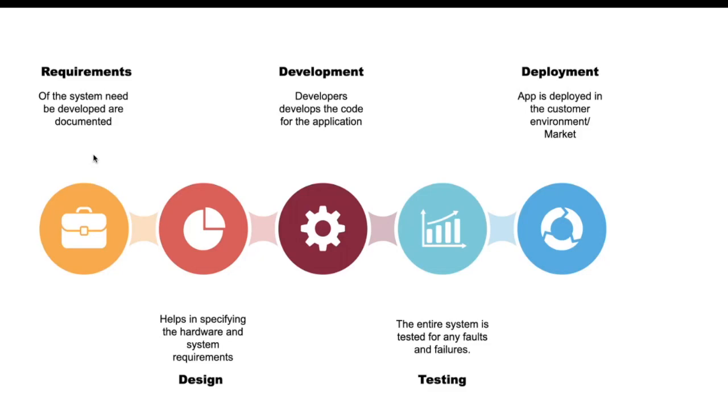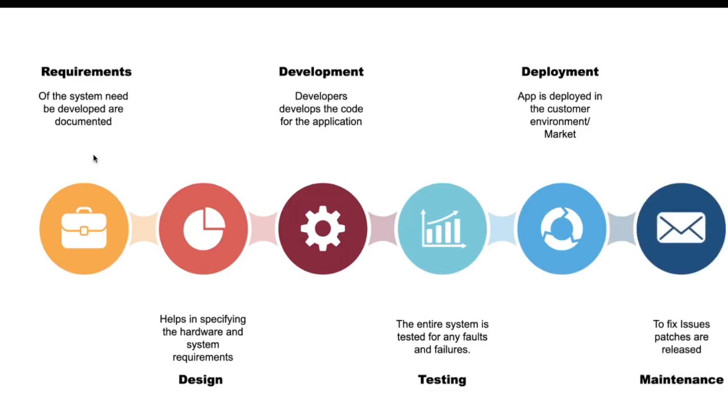The final stage is maintenance, where we fix the patches which need to be released. So the waterfall method goes one stage after another: requirements, design, development, testing, deployment, and maintenance. This process was used in the olden days for software development.